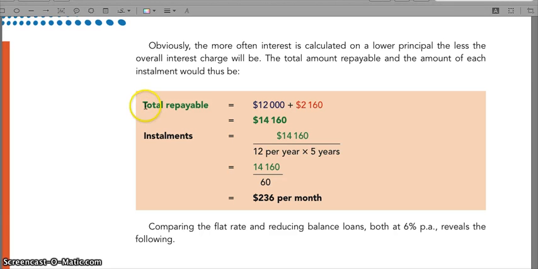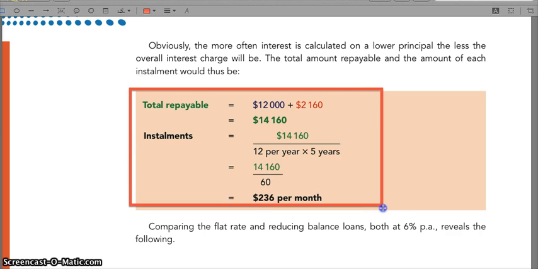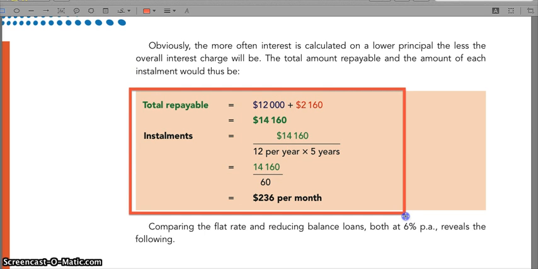So if we have a look here at the calculation of the installments, we calculate the installments exactly the same way. We've got the total amount of interest plus the principal divided by the 5-year term, which gives us $236.